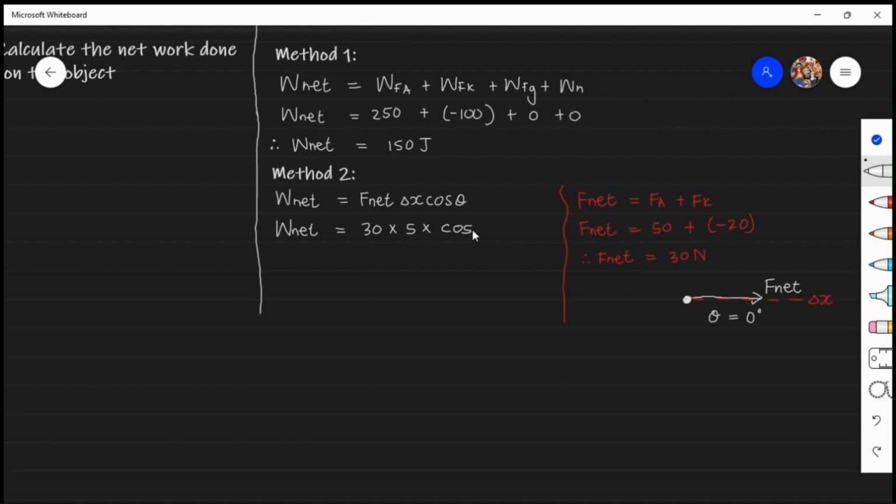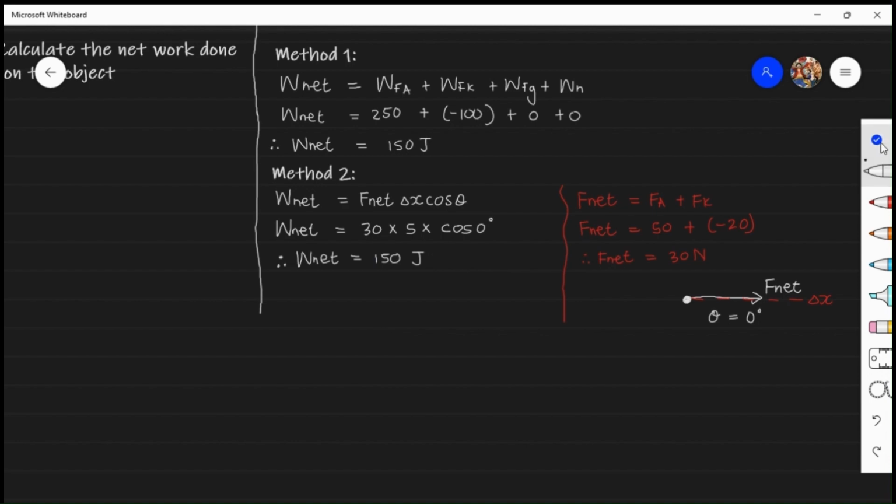So my theta value is going to be 0 degrees. Therefore, we can conclude that work net is equal to 150 joules. Now, as you can see, we obtained the same value in both methods.